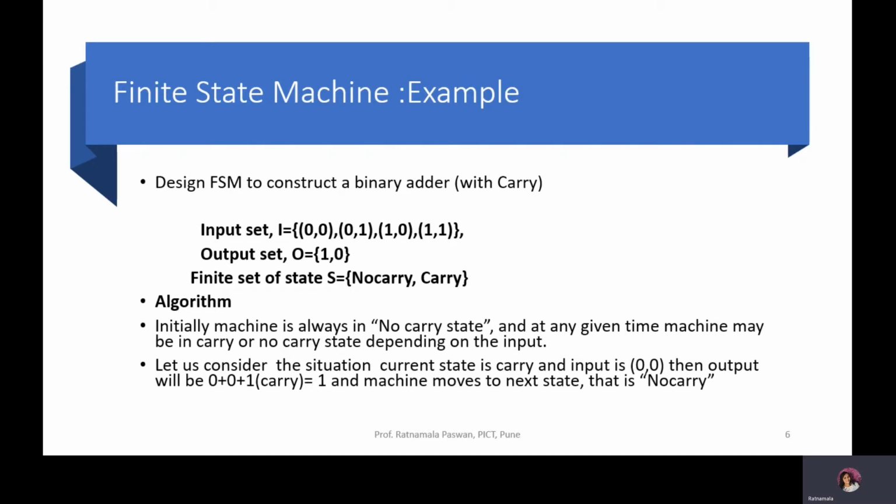So let us see how the machine behaves on these different inputs, and how it moves from one state to another state. Since it is a binary adder, the input alphabet is 1 comma 0, and here we are taking the pair of this combination.